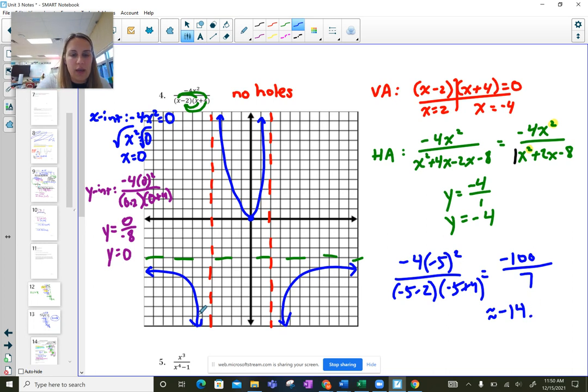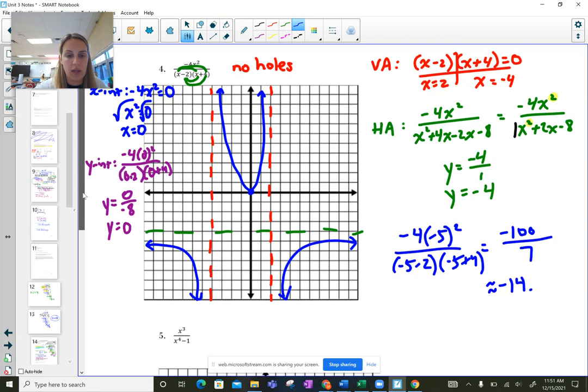Okay, so yeah, it would go pretty far down here. So that's accurate. And you can plug in 3 into the original equation and see what that gives you. You can plug in anything in here as well, just to make sure that it's an accurate depiction of your graph.